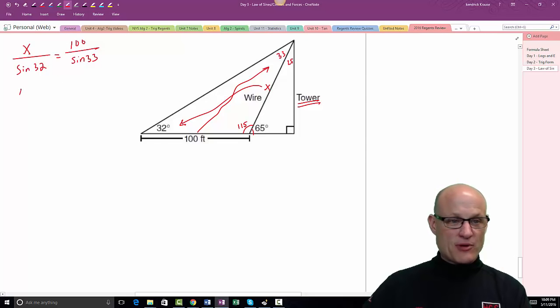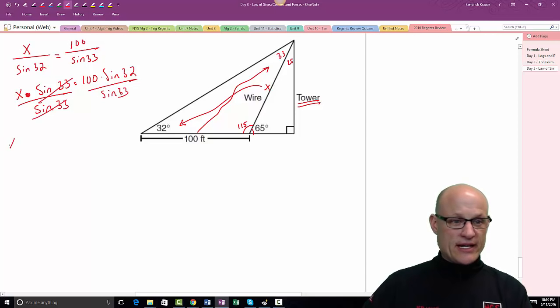Now, these sides probably are going to be pretty close. X times the sine of 33 equals 100 times the sine of 32. Divide by sine of 33, divide by sine of 33, and I get x equals.